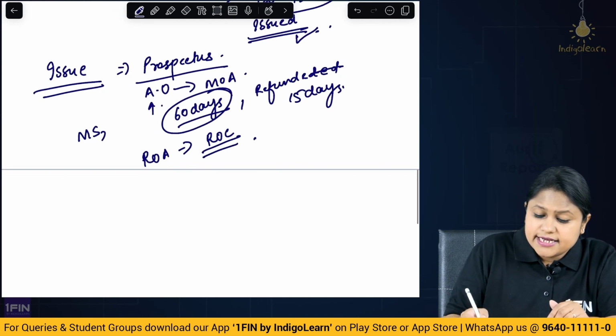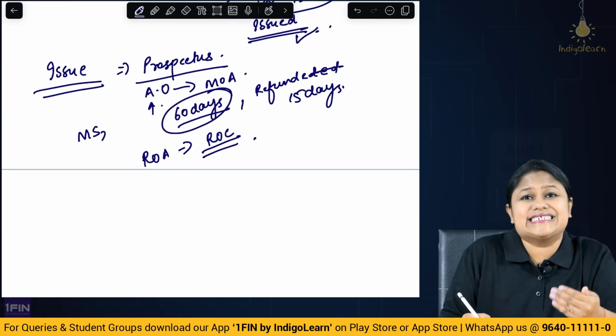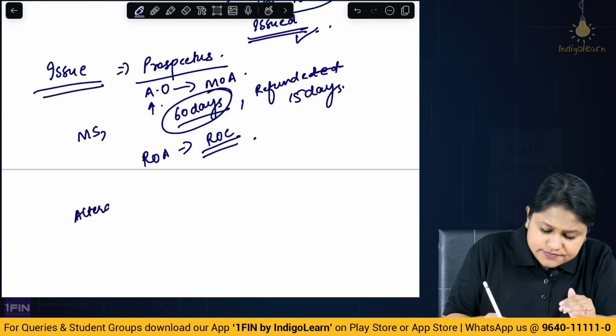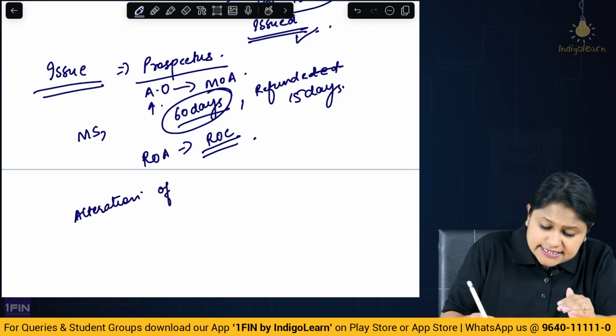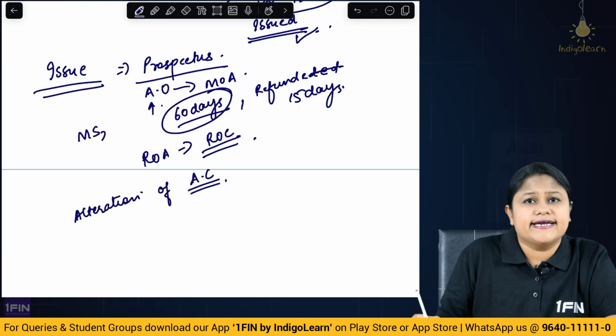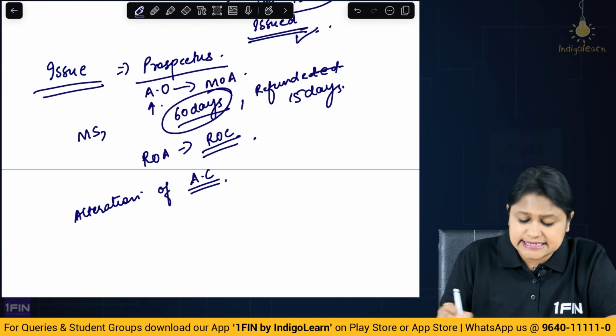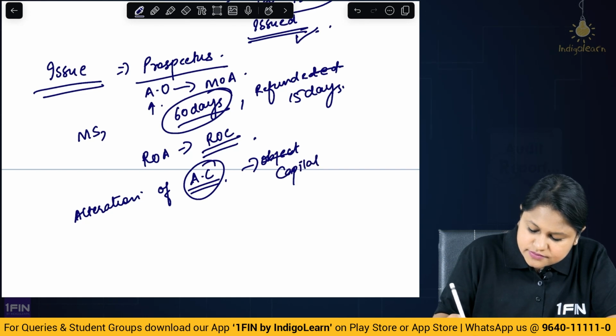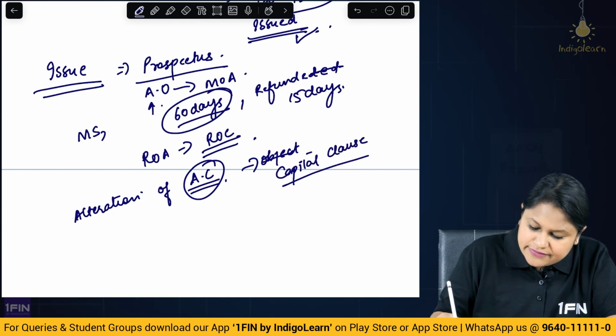Then suppose the issued capital was exceeding the authorized capital, then there has to be an alteration of authorized capital, correct? If you have to alter the authorized capital, that means you have to alter the capital clause of the memorandum. For that we have the provisions.